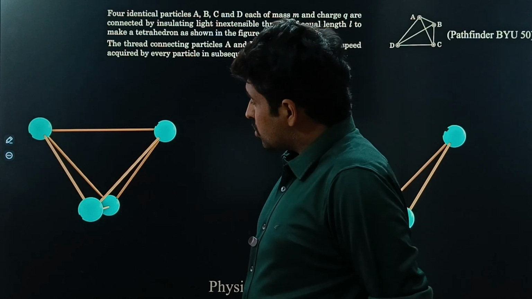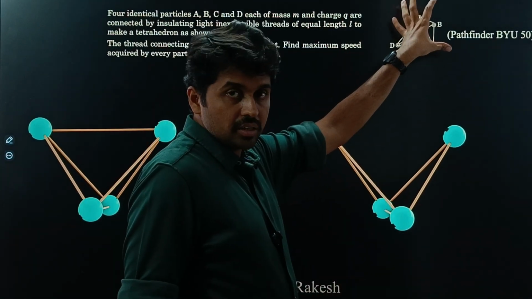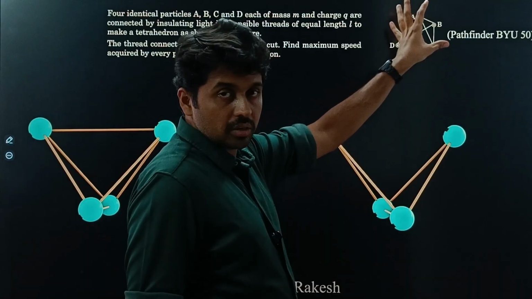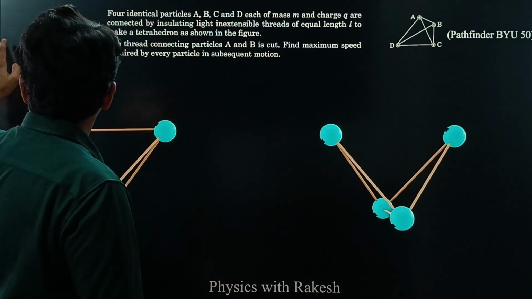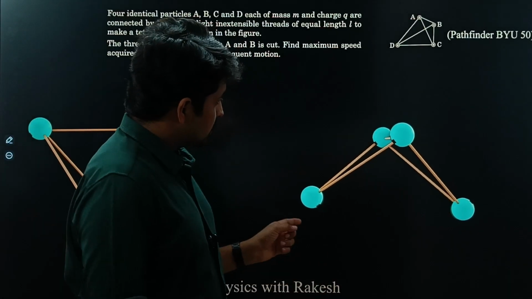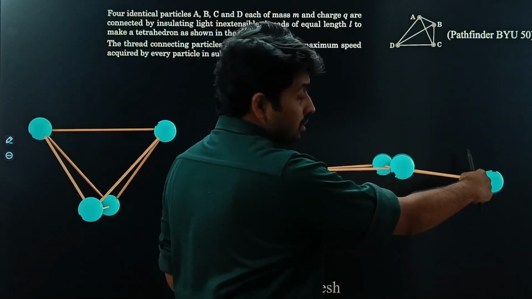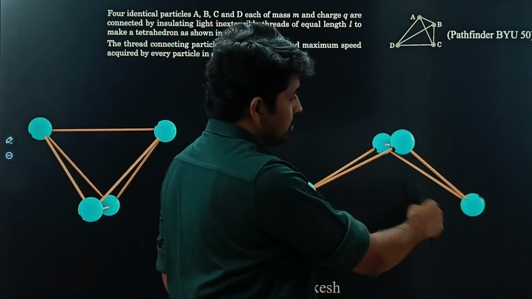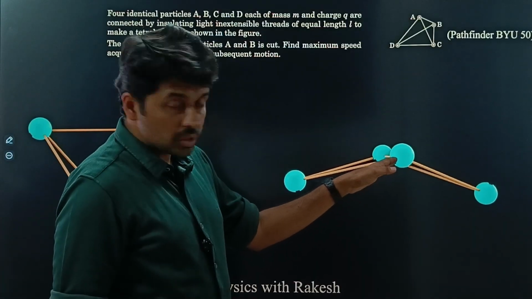So what will happen? Each of these particles is repelling each other, so the threads are in tension right now. When you cut this thread here, you see what will happen. There is a repulsive force between these two, so this will get pushed this side and they'll go this side. See the motion of these two charges.